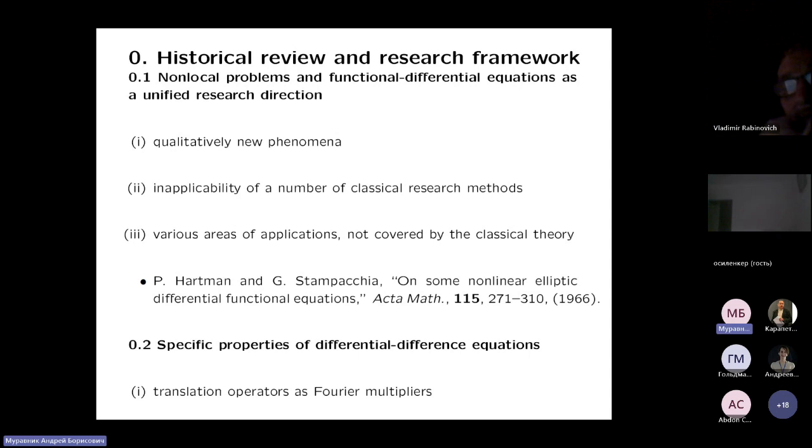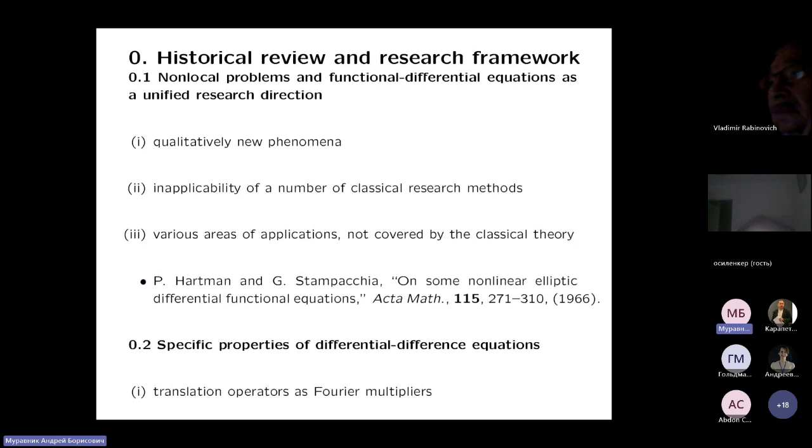Okay, maybe a little bit later. So what is the reason to study functional differential equations as a separate research area? There are the following main reasons. First, we face qualitatively new phenomena not occurring in the classical theory of differential equations.